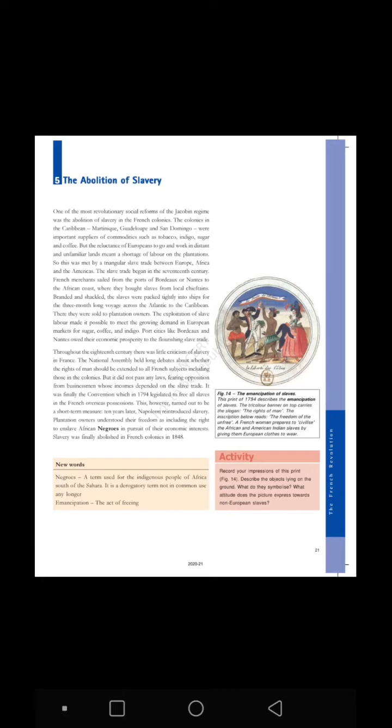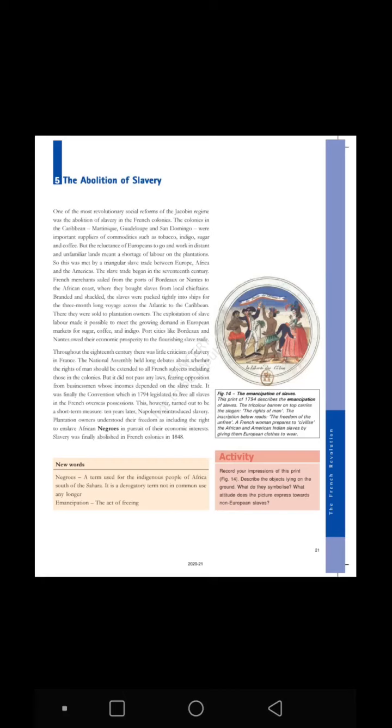One of the most revolutionary social reforms of the Jacobin regime was the abolition of slavery in the French colonies. The colonies in the Caribbean, Martinique, Guadeloupe, and San Domingo were important suppliers of commodities such as tobacco, indigo, sugar, and coffee.